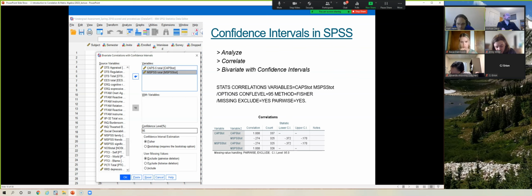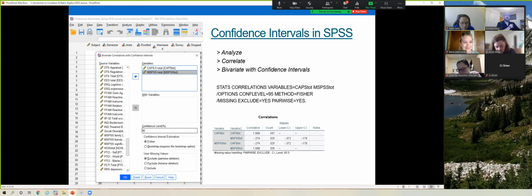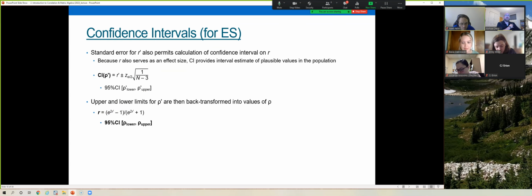Yeah, perfect. So SPSS will now do this for you, which is nice, but I am a strong advocate for knowing how to do it by hand, because here you have to have all the raw data. If someone just reports a Pearson correlation, you can calculate confidence bounds for that. Let's say, Amanda, you go through it and there's a study out there that looks at a correlation between X and Y. You run your thesis, you get a different correlation of X and Y, and it looks quite a bit different.